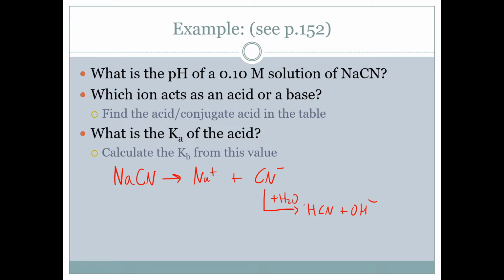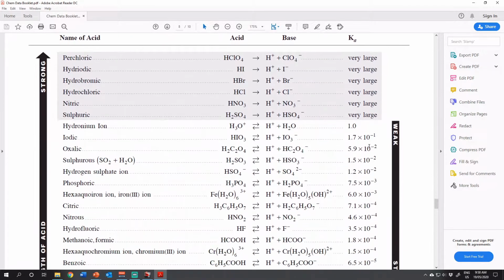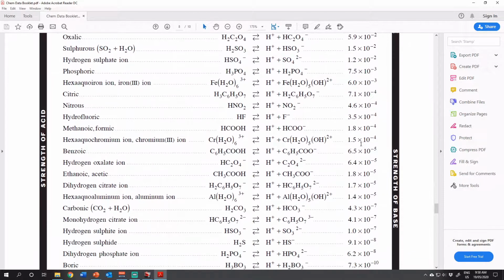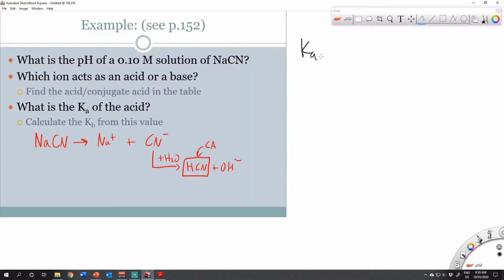What we're going to look for in our table is this. Alright, let me give myself a little bit more room before we continue. So here's our table of acids and bases and Ka. We're going to look for hydrogen cyanide. Ka of HCN is 4.9 times 10 to the negative 10.